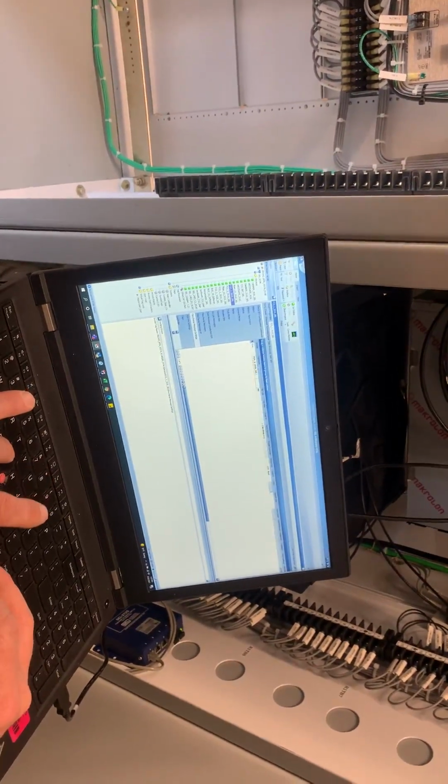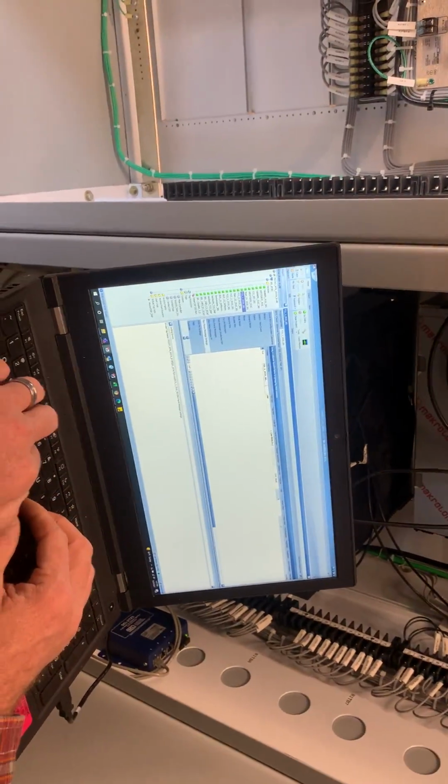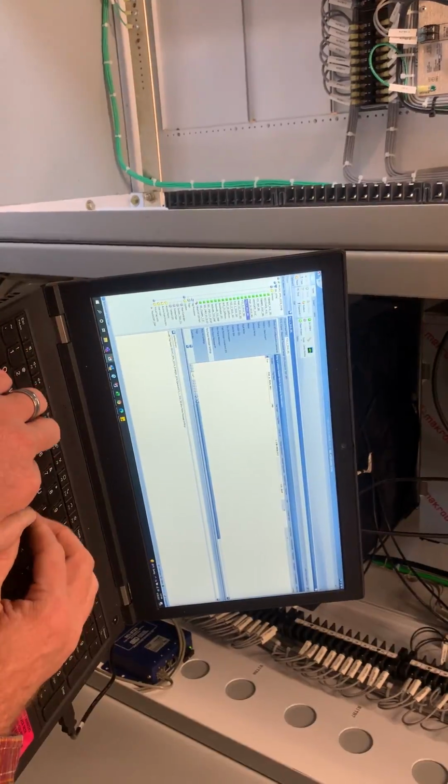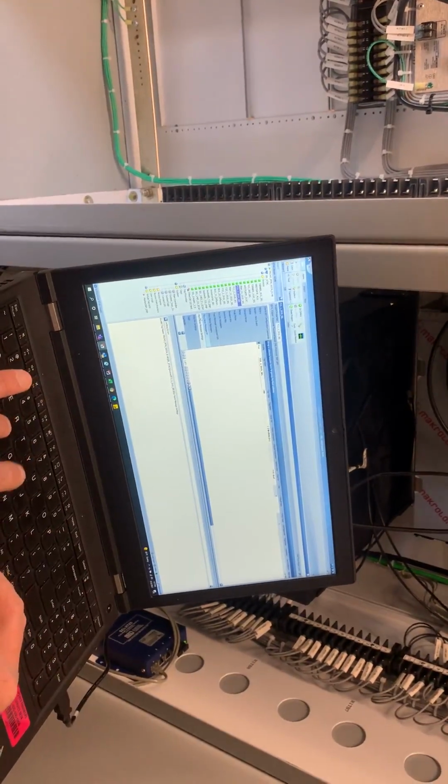Invalid tag. Sometimes it doesn't like the name, or it doesn't like it ending in numbers. Let's see what this one was.